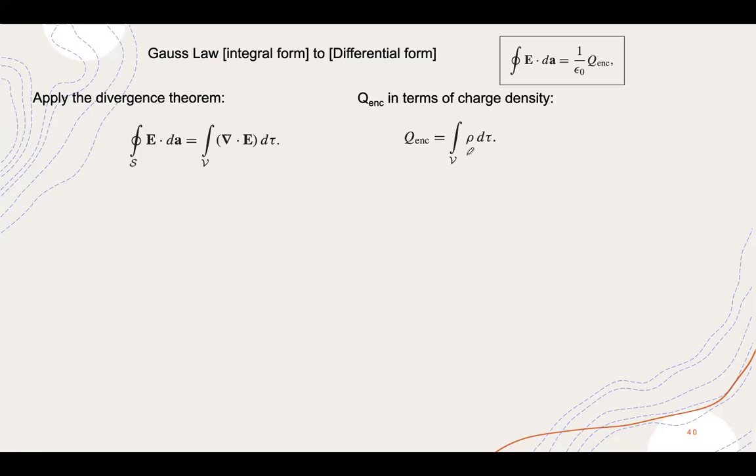However, in the volume sense, Q enclosed is the integral over volume of rho d tau, where rho is the charge density. So now the left-hand side is written by the divergence theorem, and the right-hand side as a volume integral of the charge density. Since these are equal, we can write that the integral over volume of delta dot E d tau is equal to the integral over V of rho over epsilon naught d tau.